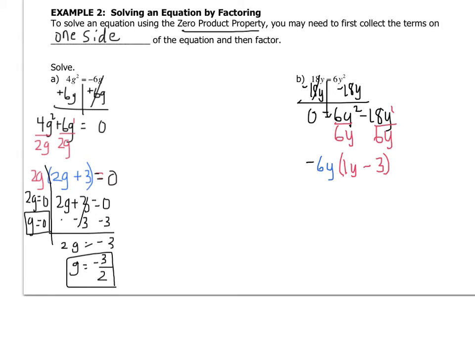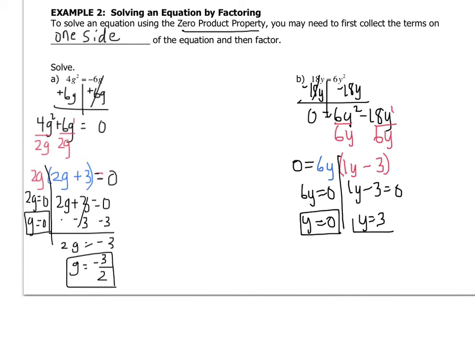And now I'll bring down the part where it said equals 0, so I can split it down and solve it. So for this one, y would be 0 in order to make that true. In order to make this true, y would have to be 3. So those are my two possible answers.